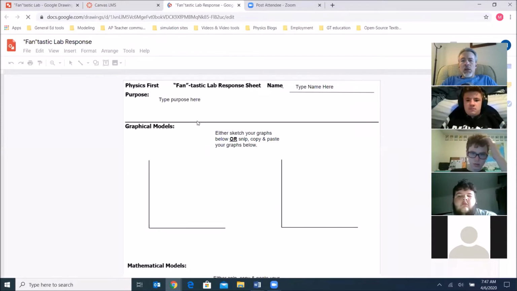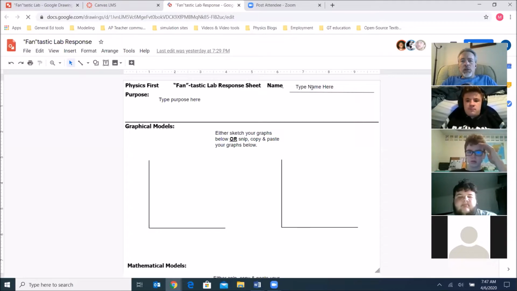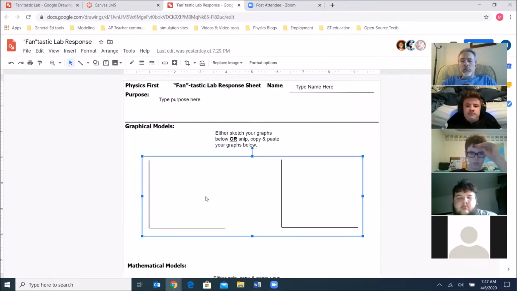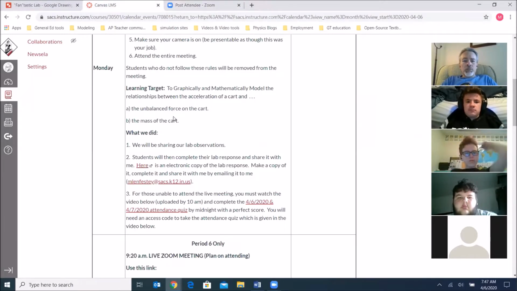Don't do this now. What you're going to do is come up here and make a copy of this yourself, and you'll type your name in, type in the purpose, and either sketch the graphs or simply go to your data, copy and paste it on here, whatever you prefer. Okay, so let me get rid of that.